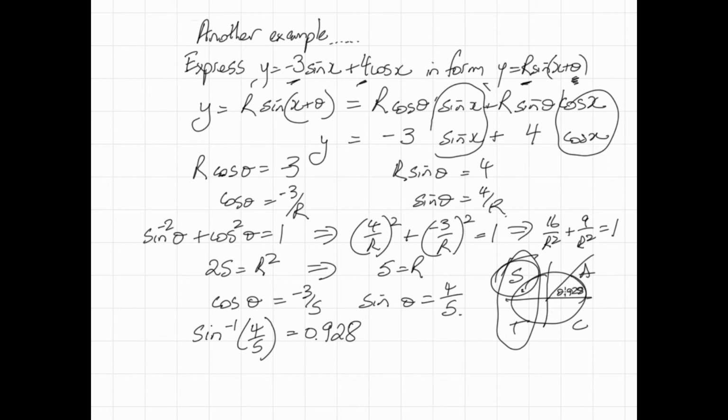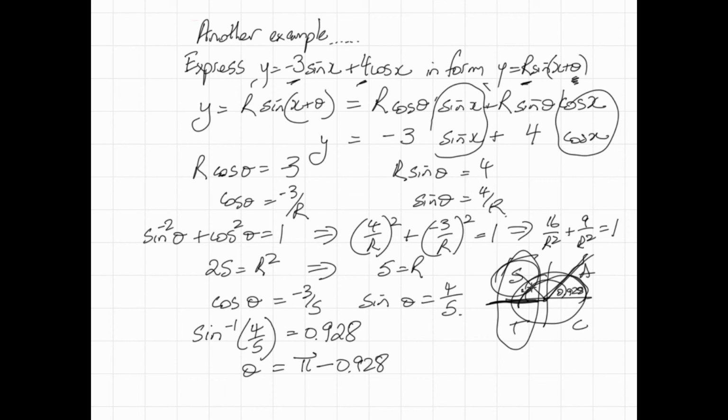We want the corresponding one in the second quadrant, and don't forget we always work off the x-axis, so it'll be pi minus. So my theta will be pi minus 0.928. It's not this one here in the first quadrant, but it'll be going all the way over there and back.